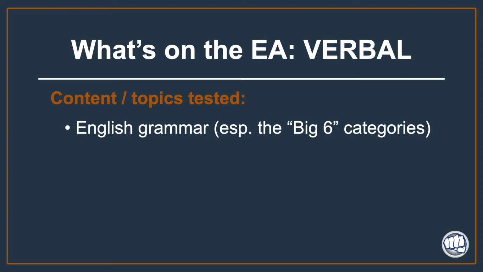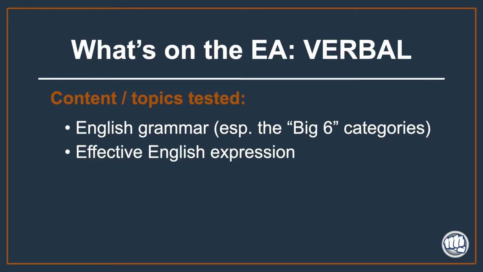You don't have to become like an English editor. You just need to know a handful of repeatable patterns of grammar rules that appear over and over and over again. And so you definitely want to focus on that. It tests effective English expression. So this isn't just grammar. This is making sure that the sentence is expressed the best way possible.